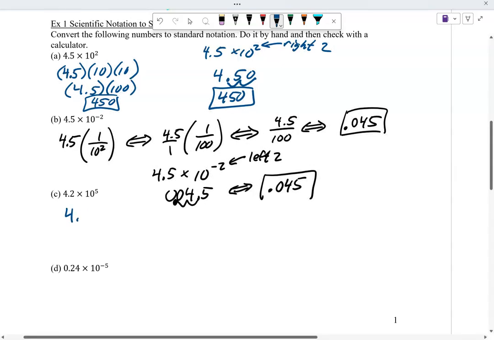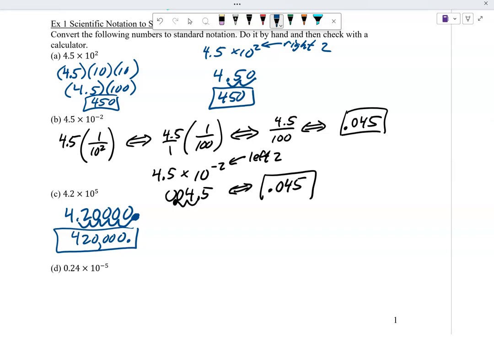So 4.2, we move it to the right 1, 2, 3, 4, 5, right there. So it's 420,000. If you were to get on your calculator and multiply 4.2 times 100,000, in other words, 5 tens, you get 420,000.